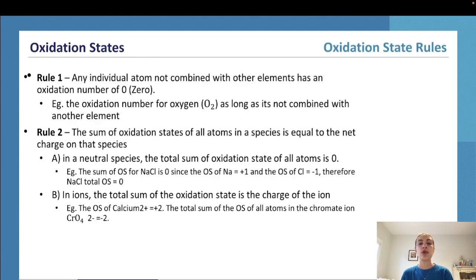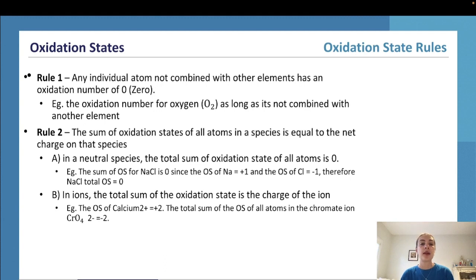So these are our rules for the oxidation states. Rule number 1 states that any individual atom that is not combined with other elements is going to have an oxidation number of 0.